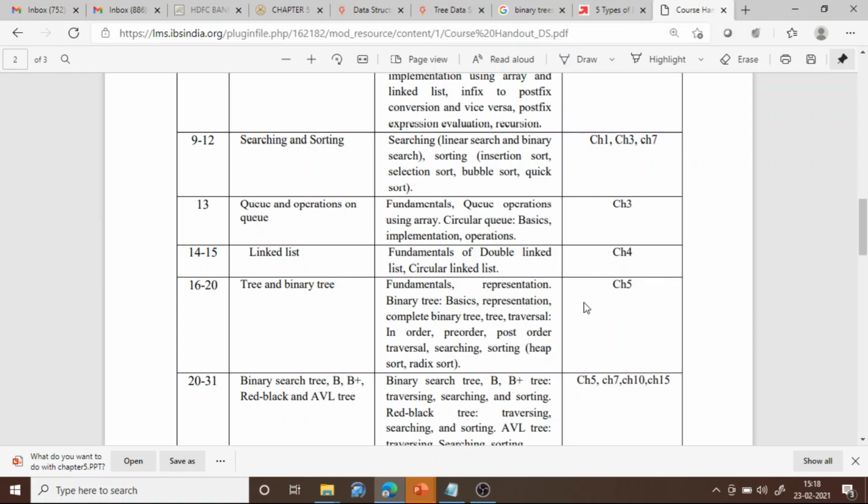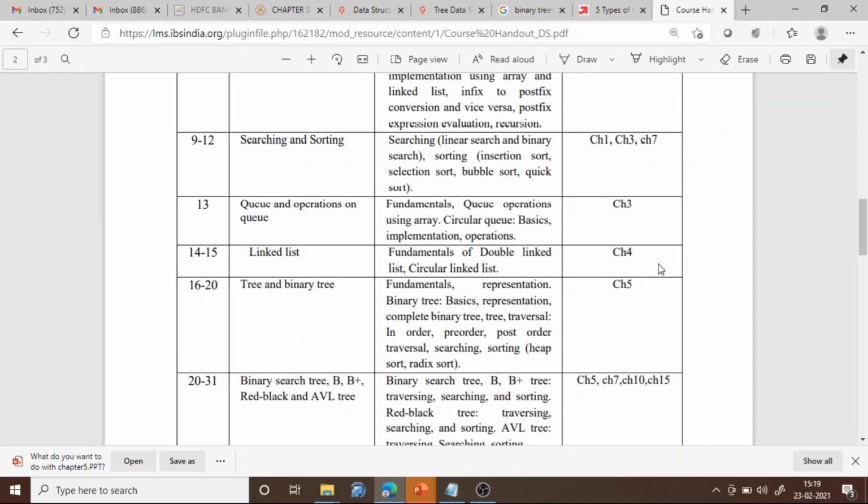So with this understanding, you should be able to implement a doubly circular linked list: adding nodes, inserting a node after a specific node, searching whether a particular node exists or not, displaying the contents, counting the number of nodes. All these things I want you to implement by yourself.